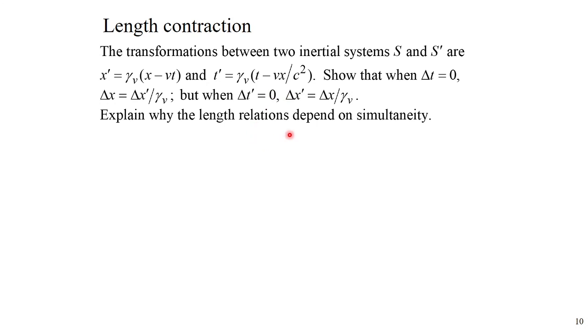So if we have a ruler and a moving train, if you want to measure its length, you should measure at the same time, in the same coordinates. And then you will find that their length will be different.